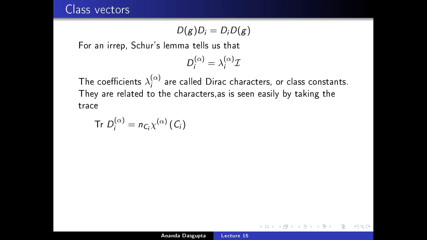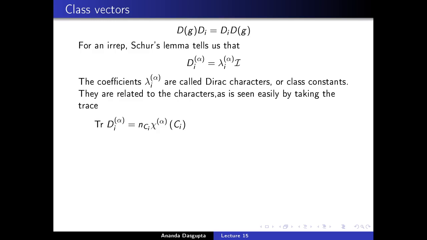On the other hand, Di alpha, as we have already seen, is lambda i alpha times the identity matrix. So its trace is obviously lambda i alpha times the trace of the identity matrix, which is d alpha, small d alpha, the dimensionality of the alpha irrep.